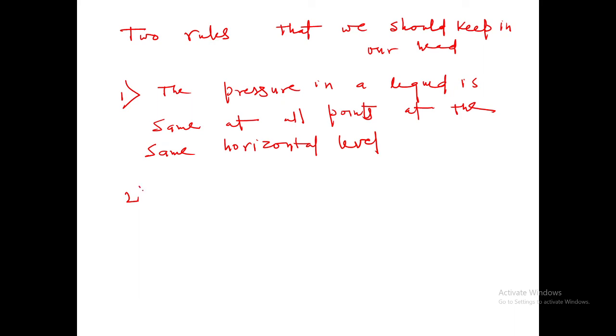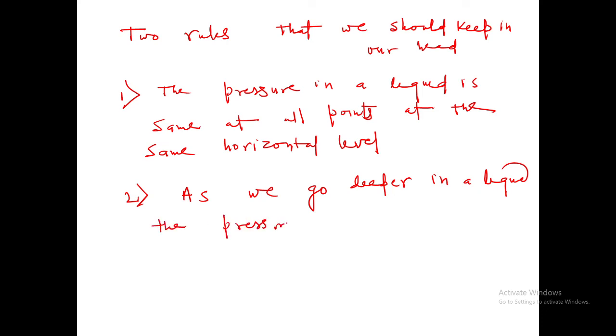And second, as we go deeper in a liquid, the pressure increases. The pressure what? Increases.